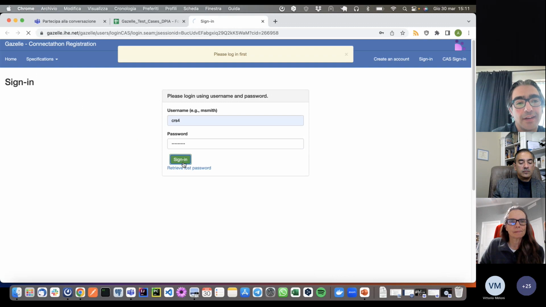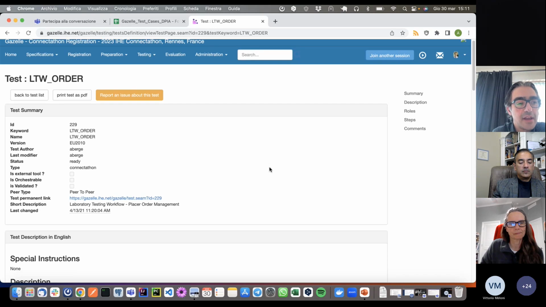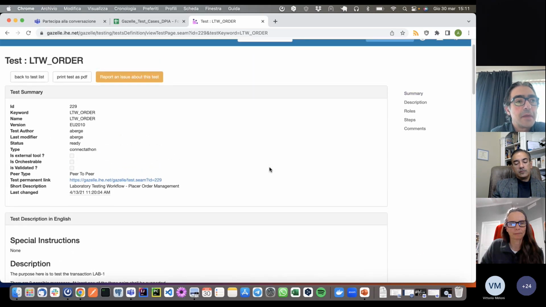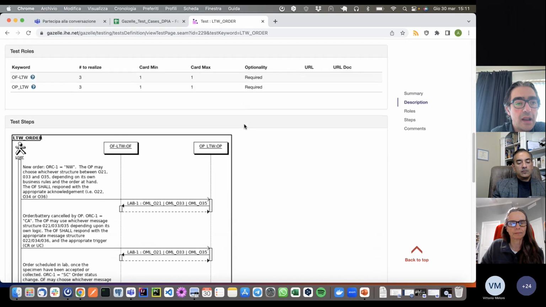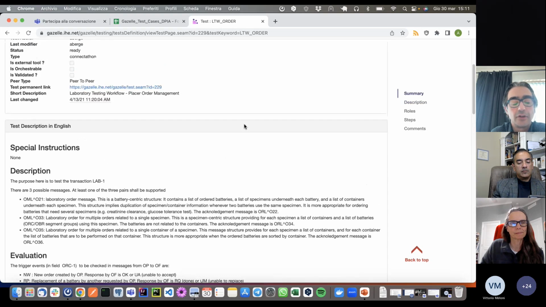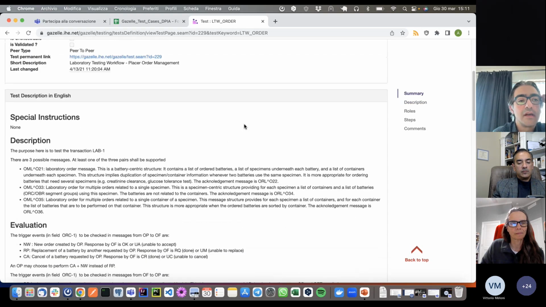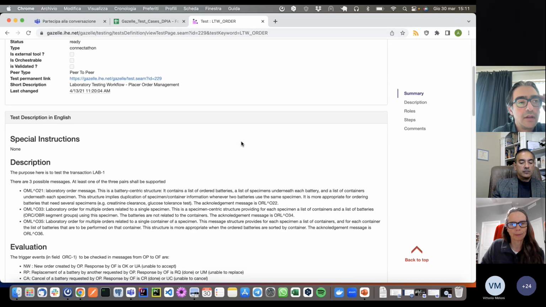Okay, here we are inside the Gazelle environment, as this is a test that's already in Gazelle and that has been tested by vendors for several years. In particular, this is related to the LAB-1 transaction. So it's an order placer that sends a request about test orders to an order filler.